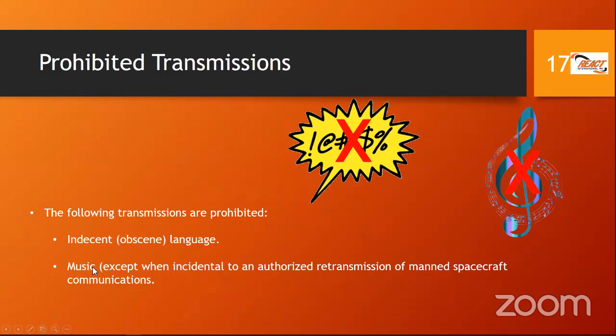There is one exception: when it is incidental to an authorized retransmission of manned spacecraft communication. So no to indecent language and no to music.